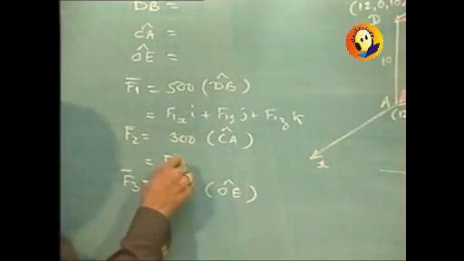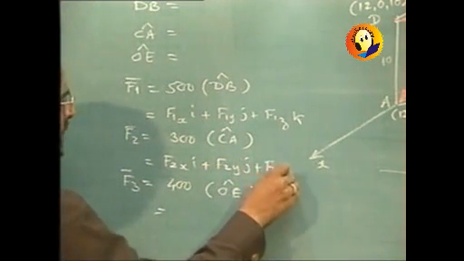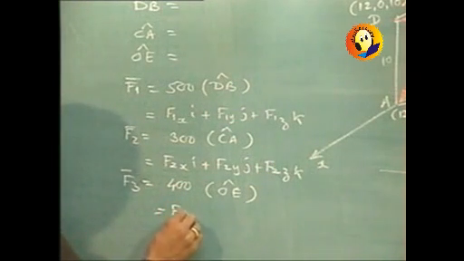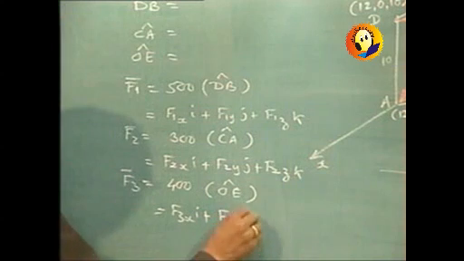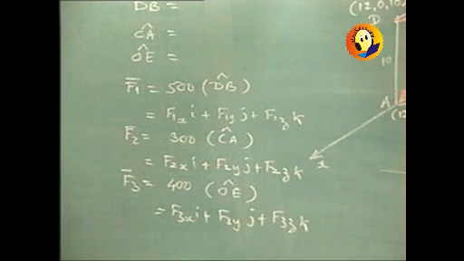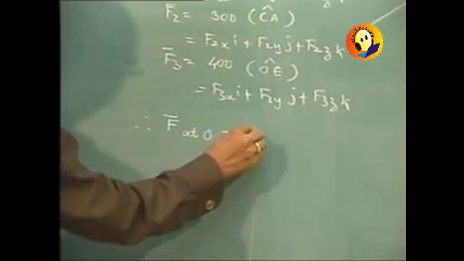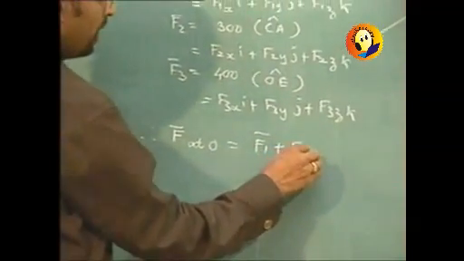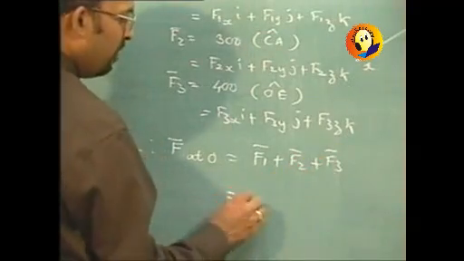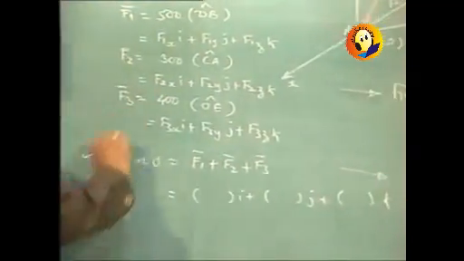This is F2x i plus F2y j plus F2z k, and then this is F3x i plus F3y j plus F3z k. These values are known to us, of course. Therefore we can say that the net force at O will be F1 bar plus F2 bar plus F3 bar, and we can very well get the answer in i, j, k form. So this answer can be obtained.